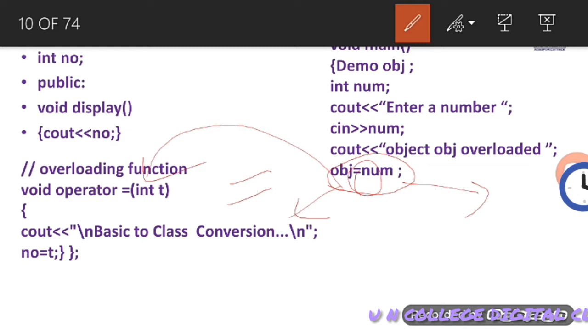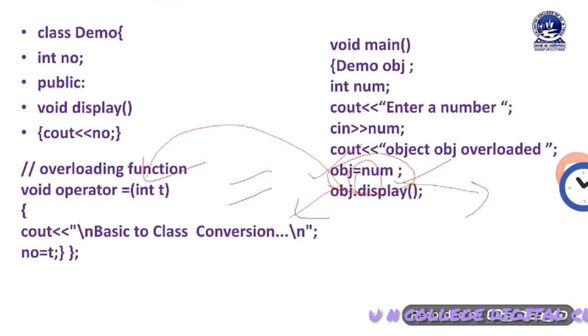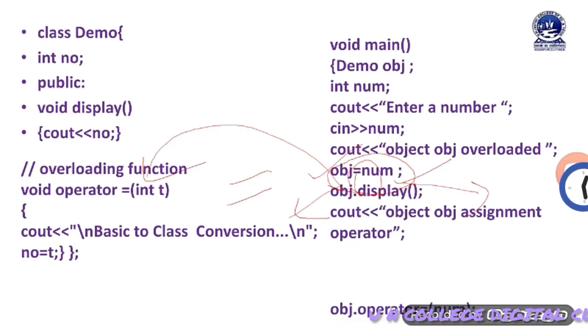In this way we are performing typecasting from basic to class type, because the basic type num is at the right side and the class type is at the left side, and by using the equal sign we are putting the basic type value into the class type value. Then obj.display, and that's all. Yes, one more thing I want to explain here.